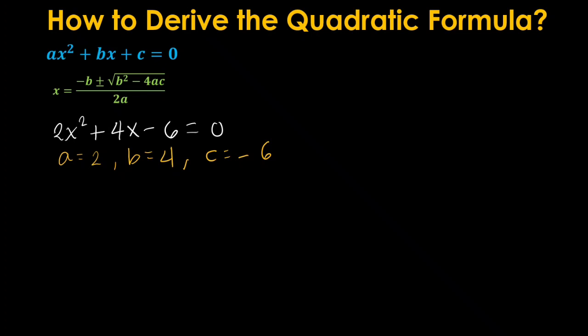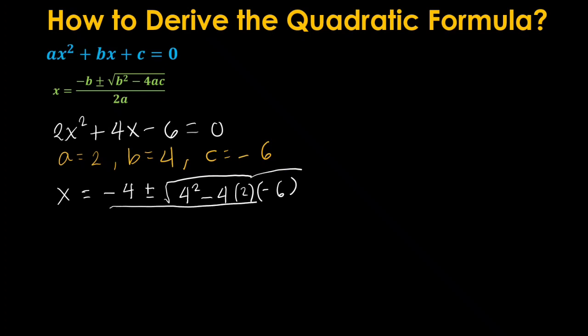Let's apply this formula here to solve for x. x is equal to negative b, b is 4, and then the square of our b is 4 squared minus 4 times our a, which is 2, our c is negative 6, all over 2 times our a, which is 2.